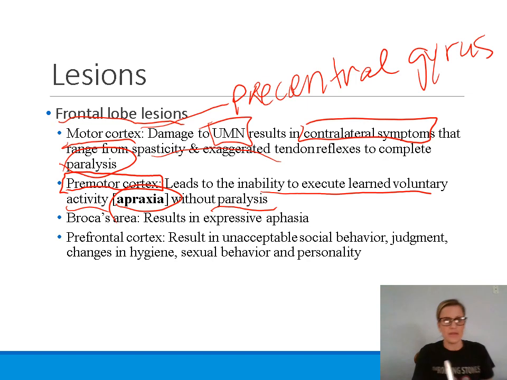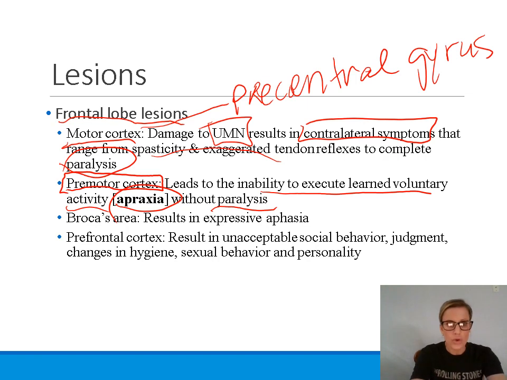So without the plan, the motor cortex sends out signals, but they're not mastered, right? It's like the first time you tried to do something. It's really messy and sloppy, and it doesn't work quite right, because you've lost your plan, which is in the premotor cortex, but no paralysis.